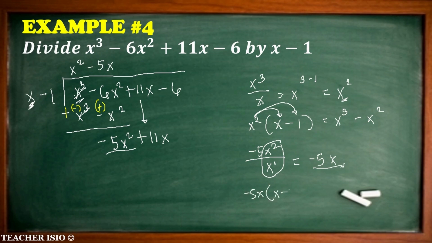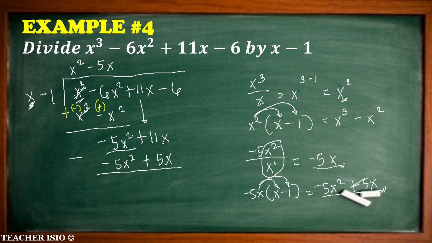We have x minus 1. So, distributive, we have negative 5x squared. Next, negative 5x times negative 1, we have positive 5x. So, just write lang. So, we have negative 5x squared plus 5x. And then, subtract.